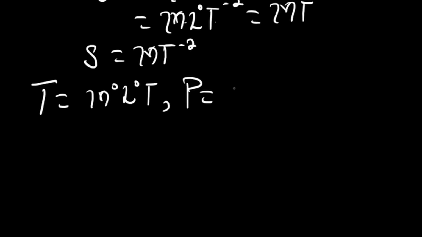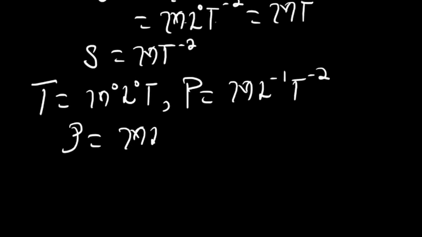So for pressure, we say ML^-1T^-2. The next one is density. The dimension for density is ML^-3. And lastly, surface tension is said to be MT^-2. Okay, we found all their dimensions.